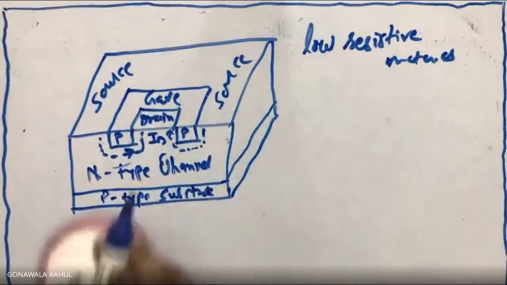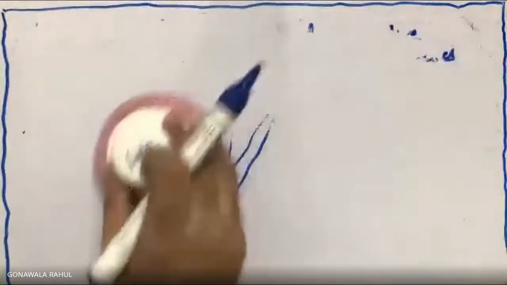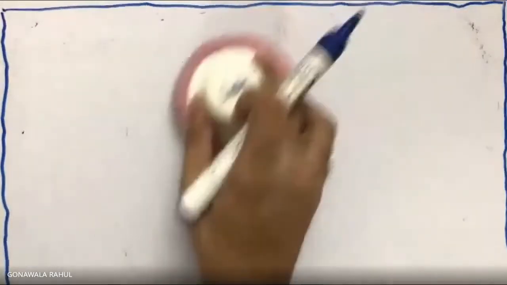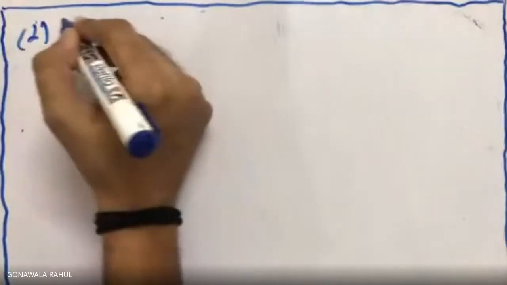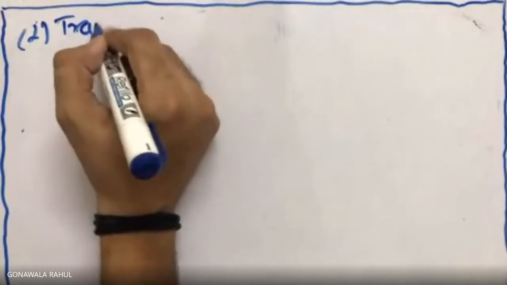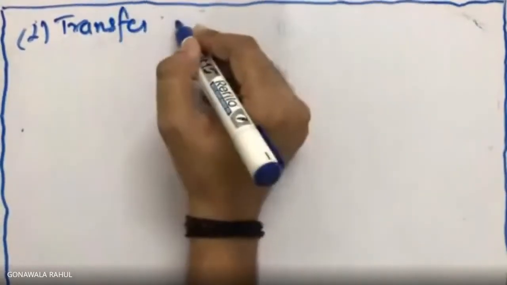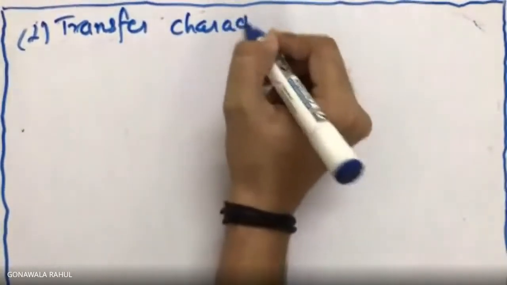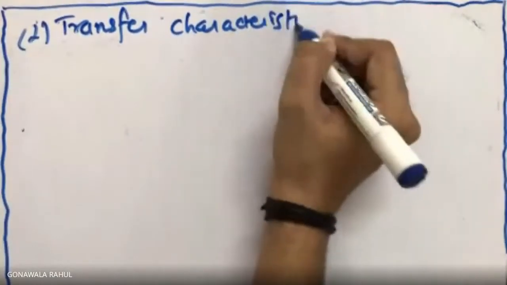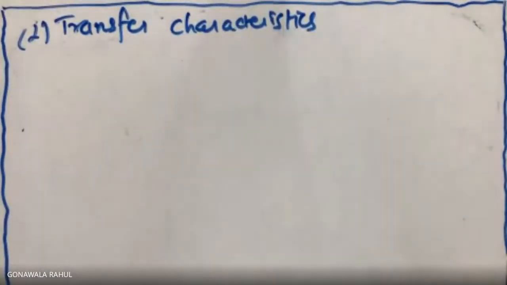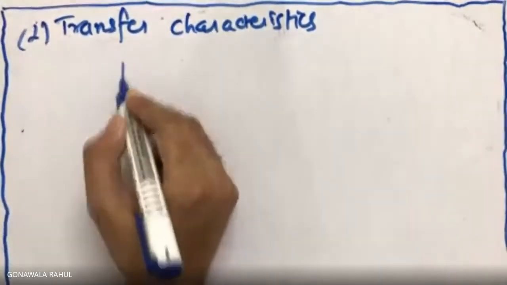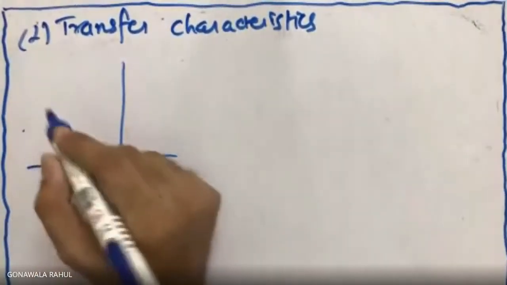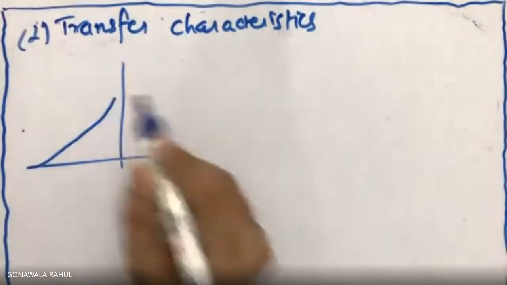Clear? Now we will see the second, transfer characteristics. First we have seen output, or drain, characteristics. Now the transfer characteristics will be like this.